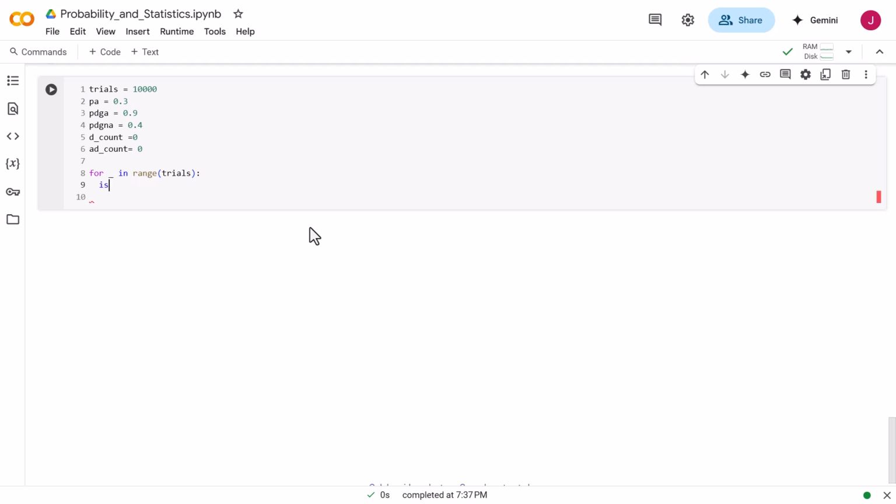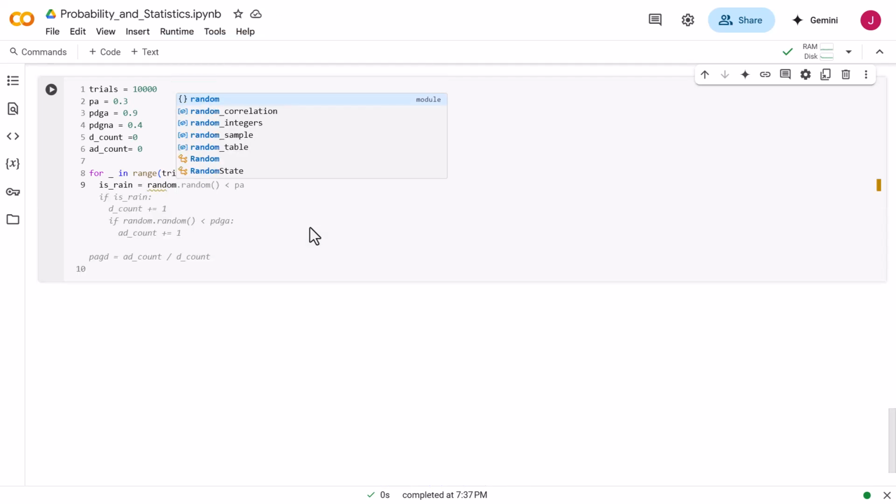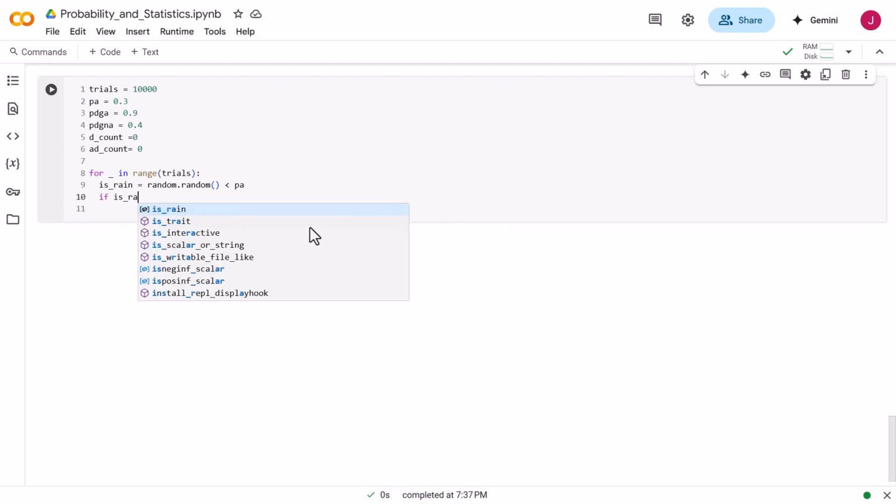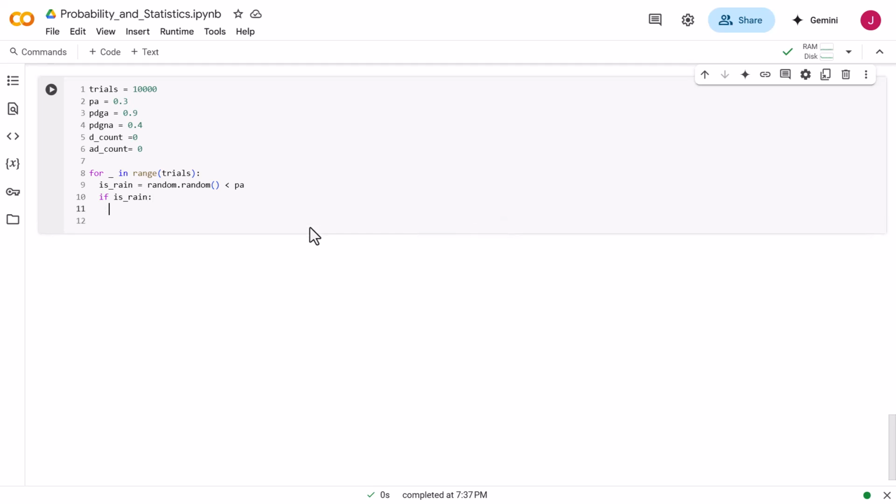So we can say is rain equals random dot random. We randomly generate a number and check if it is less than the probability of A. Okay. Then if is rain, this condition is okay.